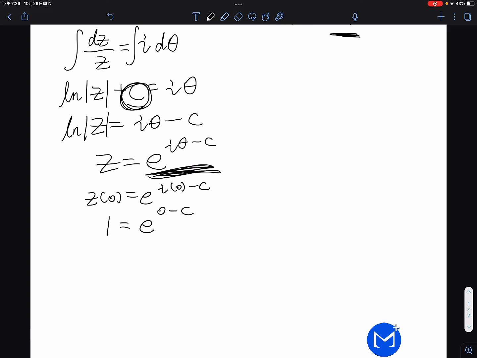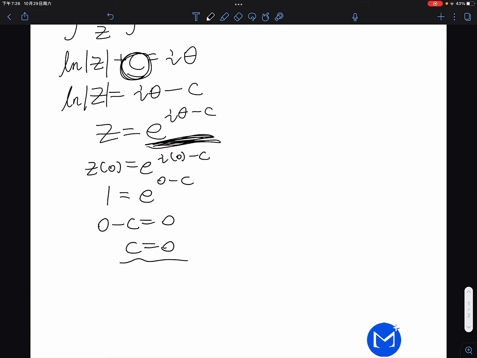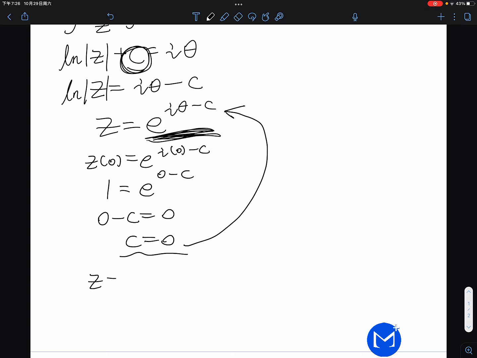And in reality, any number to the power of 0 will equal 1. So 0 minus c equals 0. Therefore, c equals 0. And if we were to sub this back in, we would get z equals e to the power of i times theta minus 0, which is e to the power of i times theta.